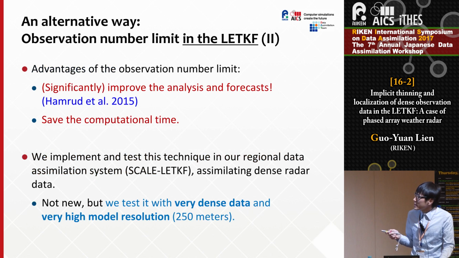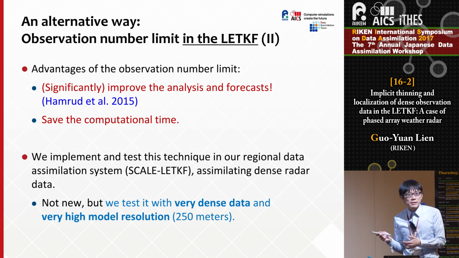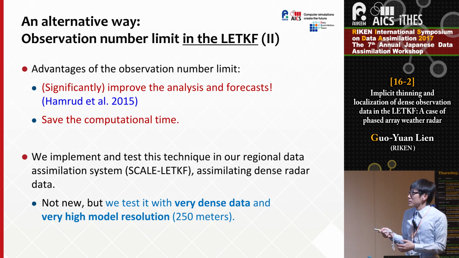So what is the advantage of this observation number limit? With the ECMWF global model, they observed significant improvements of the analysis and the forecast by assimilating even fewer data, and it also saves computational time.